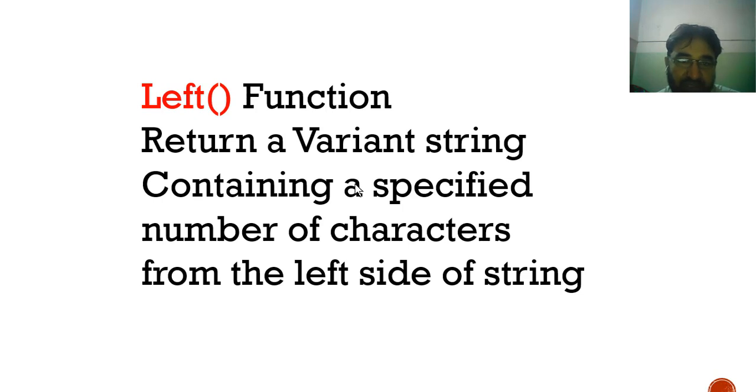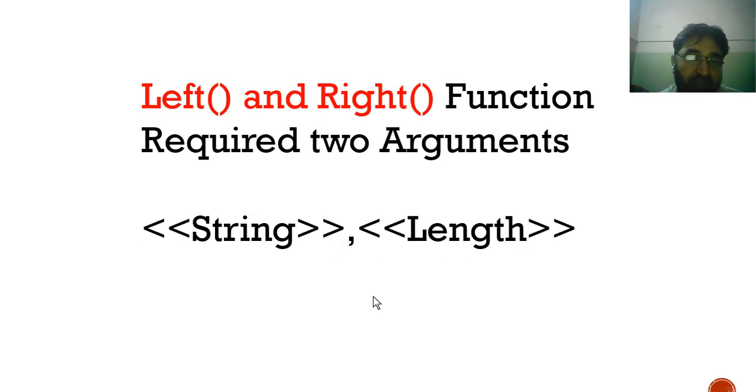The left function returns a variant string containing a specified number of characters from the left side of the string. Both require two arguments: string, comma, length. String is the field in the table on which you are going to apply the function, and length is the number of characters you want to show. It applies to both the right function and the left function.